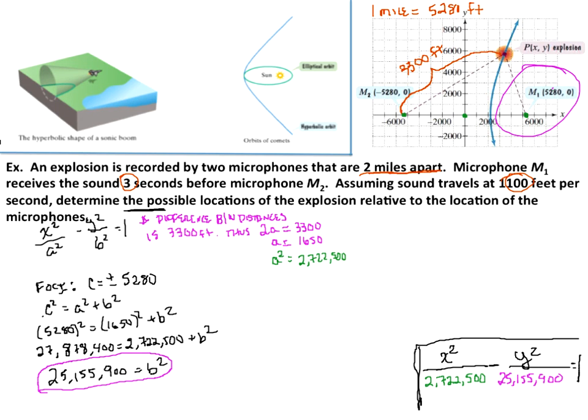And just situated with my hyperbola, I could start plugging in values and show how it lives closer to microphone 1 than microphone 2. And that's it.